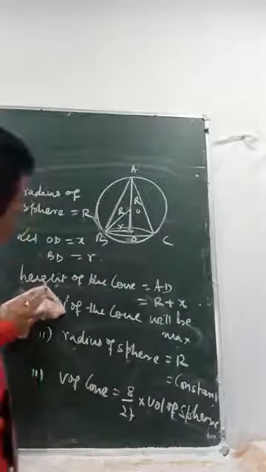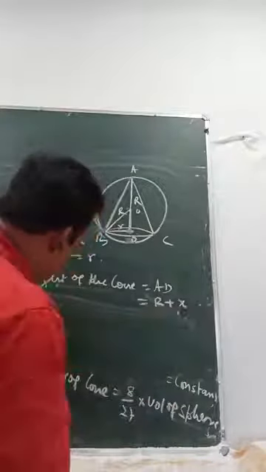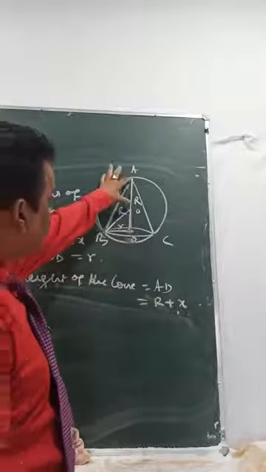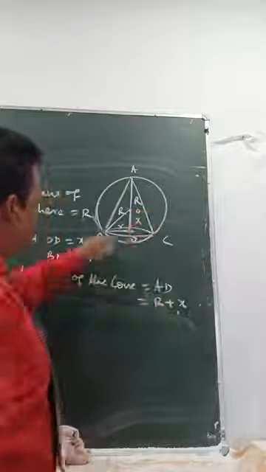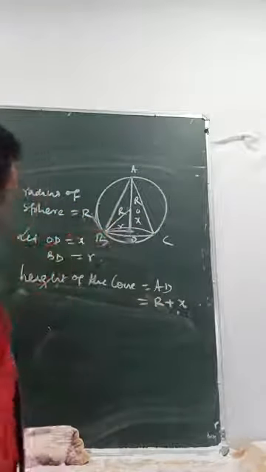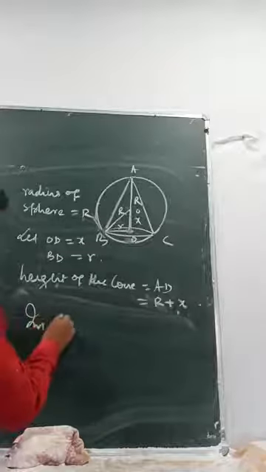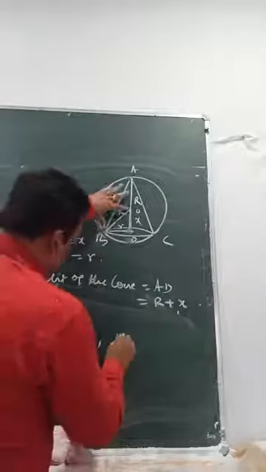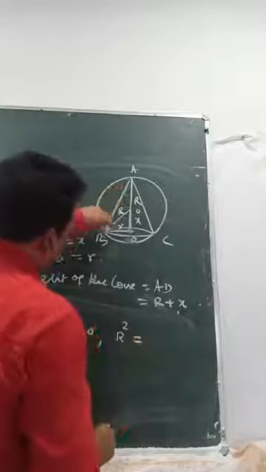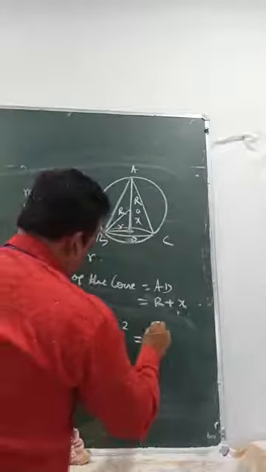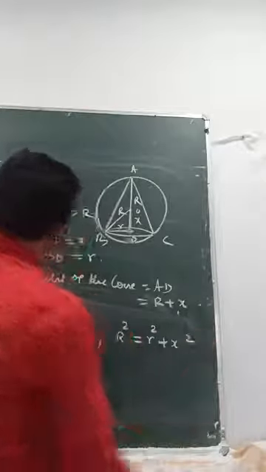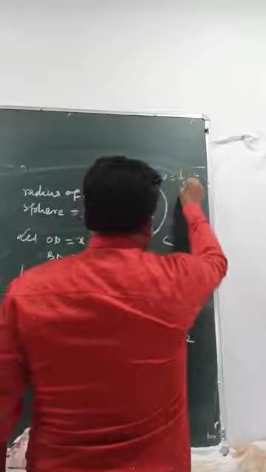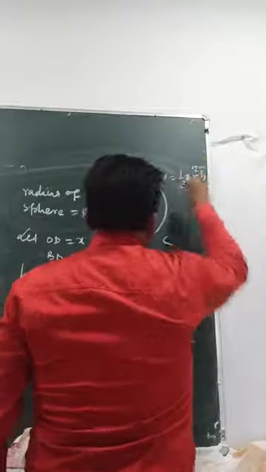Okay. Let's create a relation here. Because you are finding two variables. One variable is small r, otherwise x. This is constant. In OBD triangle, square of the longest side equals to sum of the square of other two sides. R square plus x square. Okay, volume of the cone में formula लिखो. 1/3 pi r square h.